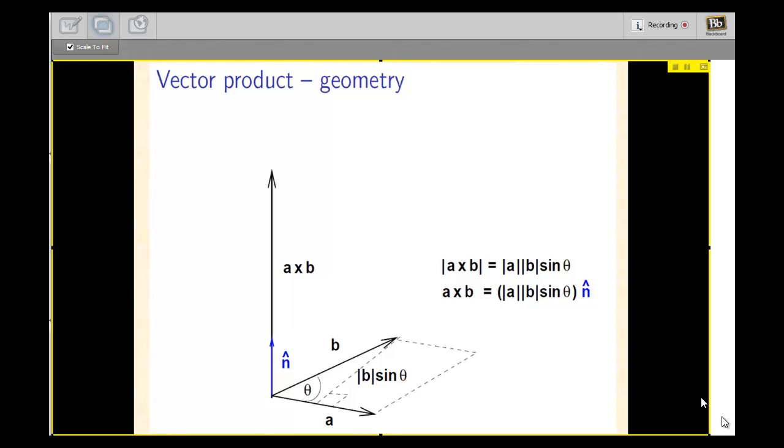So a cross b equals mod a mod b sine theta into the unit vector n. n is always in the up direction, given by the thumb rule, you can say.